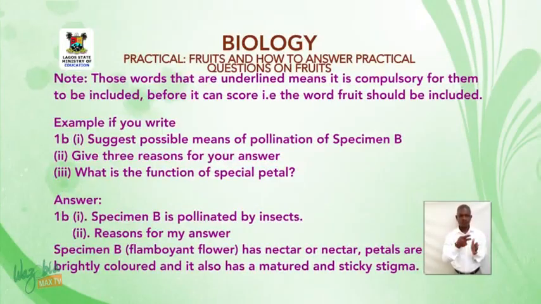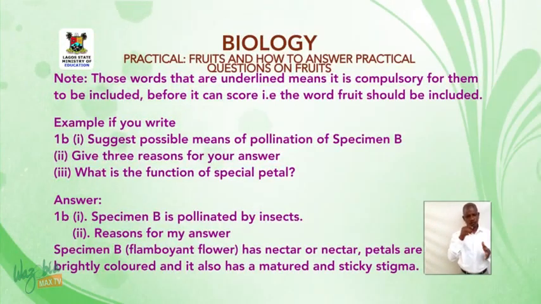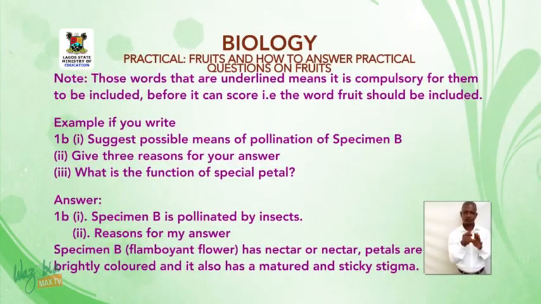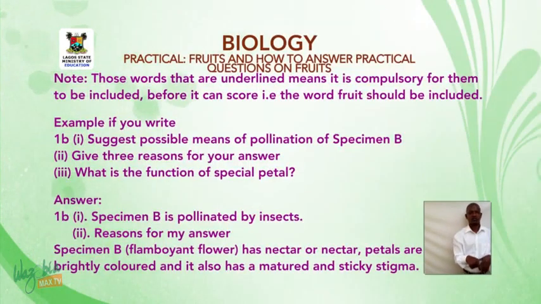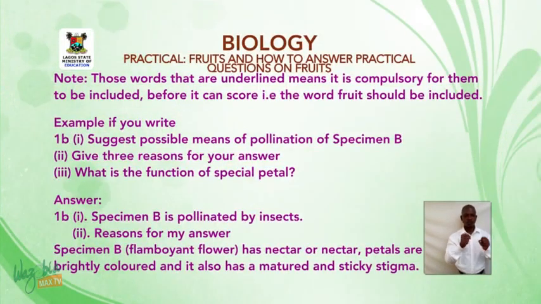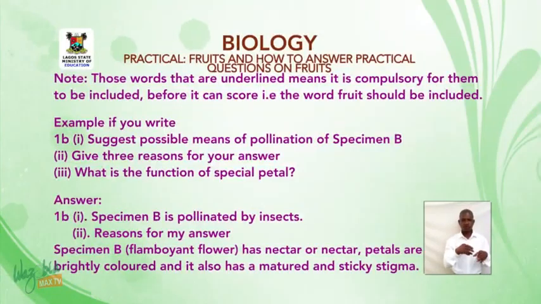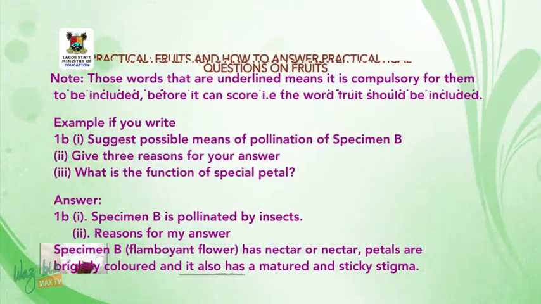Note: those words that are underlined are compulsory to be included before it can score. That is, the word fruit is to be included before it can score. For example, if you write mango, it is wrong and will be marked down. We will go on break now and we'll be back shortly.